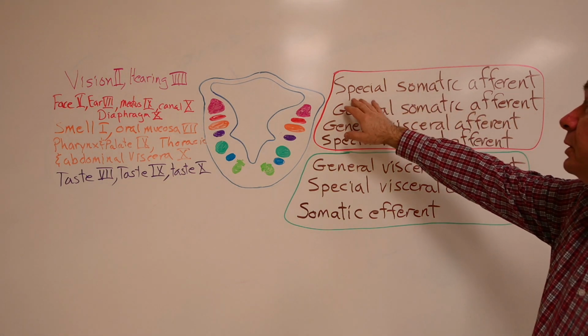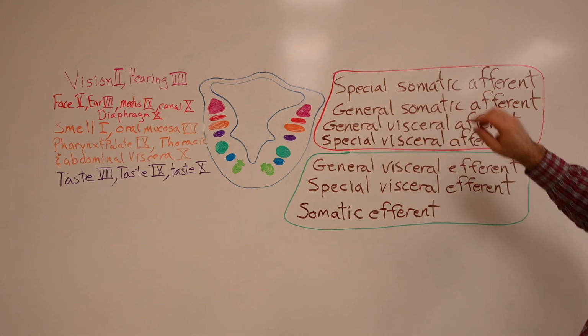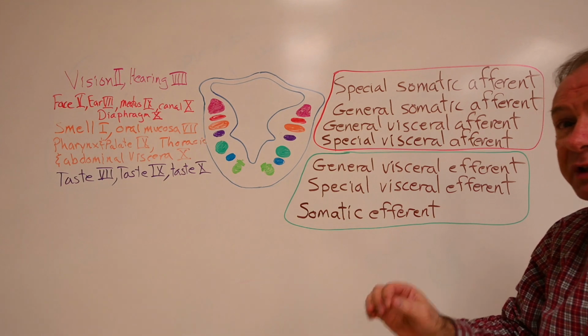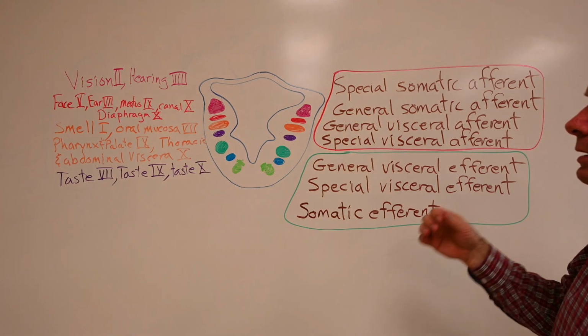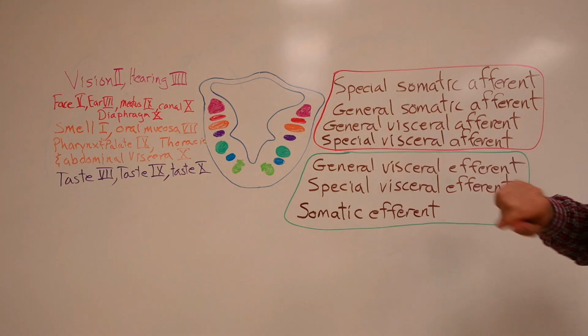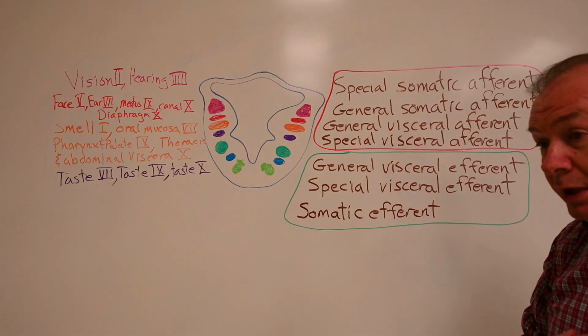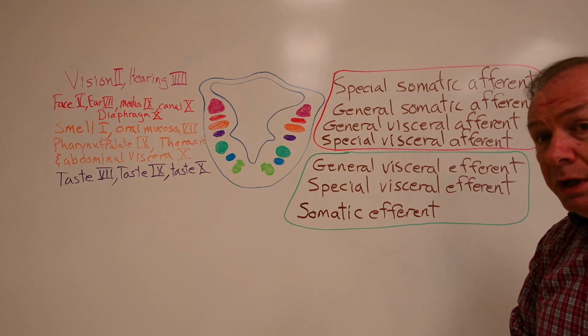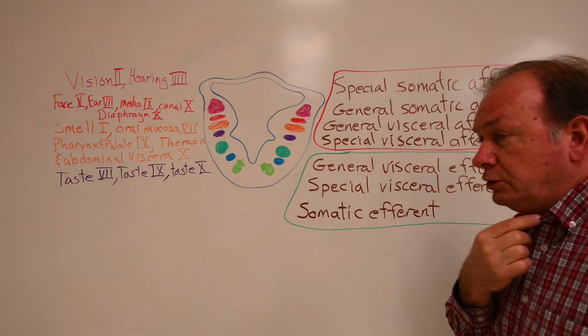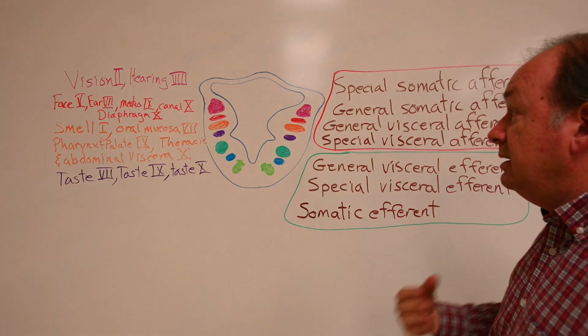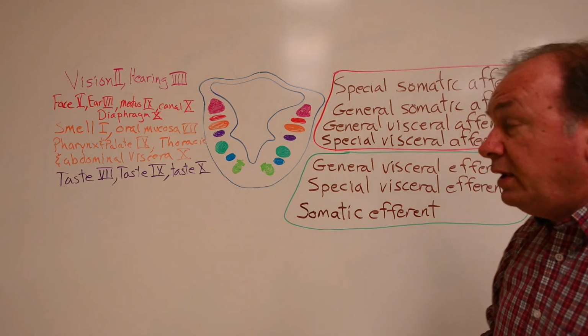You'll see the first one is labeled special, somatic, afferent. Special usually has to do with specific kinds of senses, like sight and hearing. Somatic means it's not part of your internal visceral component, not associated with the pharynx or esophagus, stomach and intestines and lungs and those things inside there.